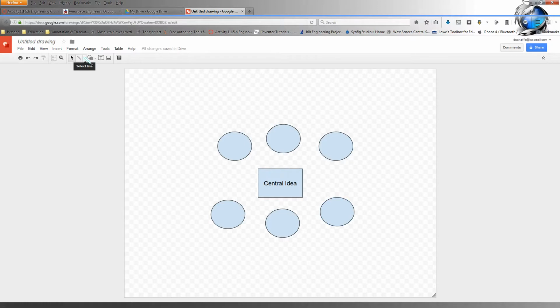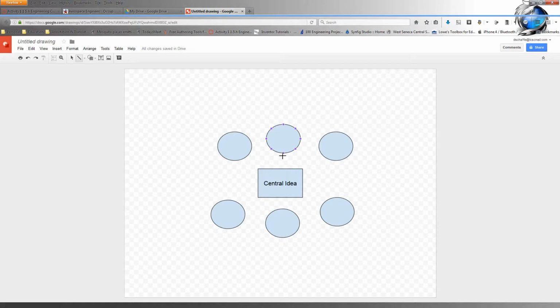and then we can connect those so that we could see they're related. So we could select the line tool here. We could pick line, you could pick arrow, elbow connector, curve connector. Those all work for me. I'm going to just pick a line. And when you put your mouse cursor over a shape, now you'll see there's some purple handles that appear, purple circles.